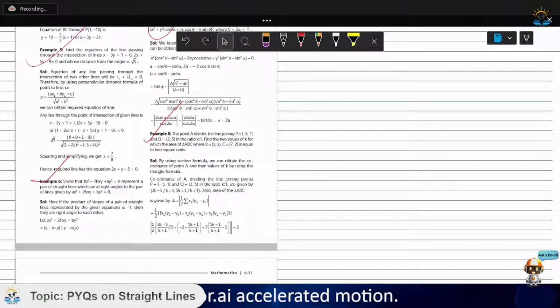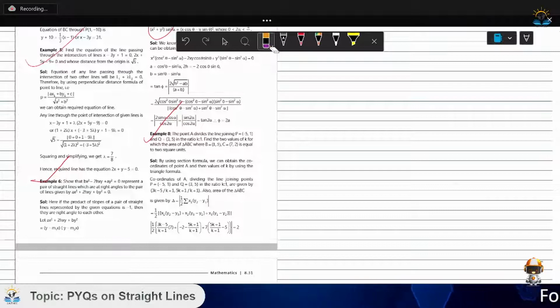So let us see. A point A divides the line joining P and Q in the ratio k is to 1. Find the values of k for which the area of the triangle ABC is equal to 2 units square. So I'm given this.